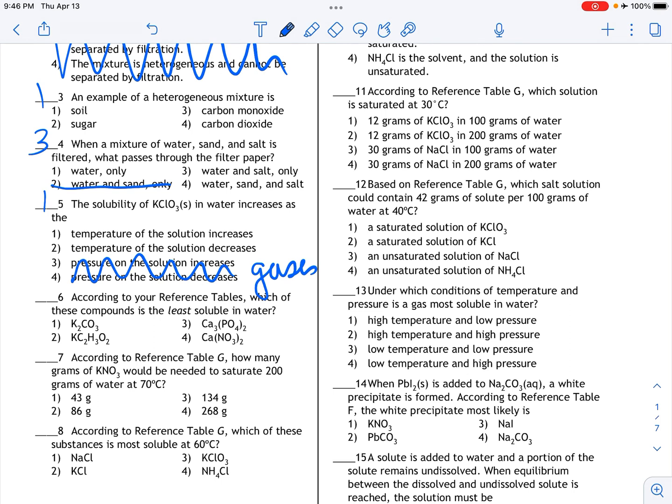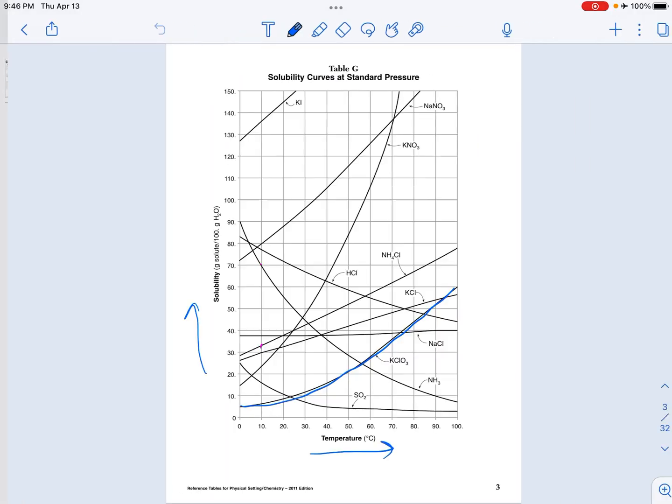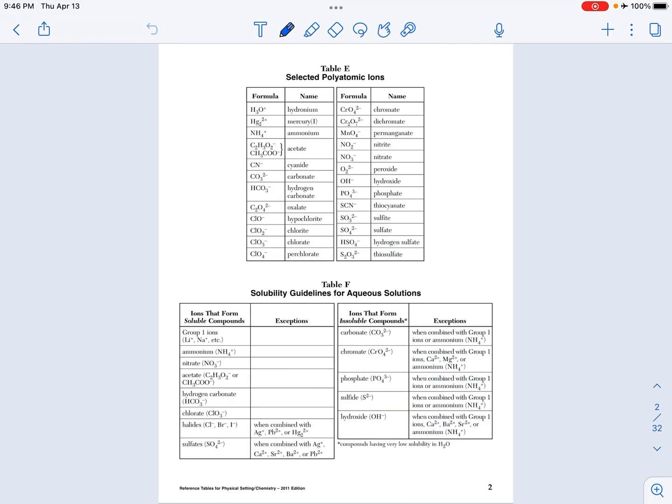According to your reference tables, which of these compounds is least soluble in water? So that's code for saying insoluble. So let's go ahead and take a look at table F. All right.